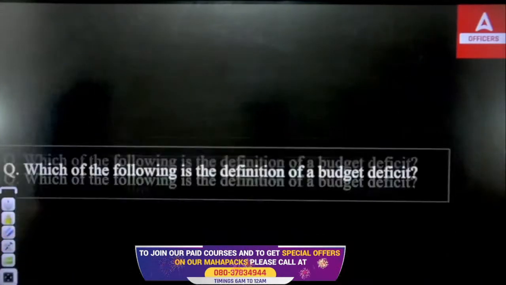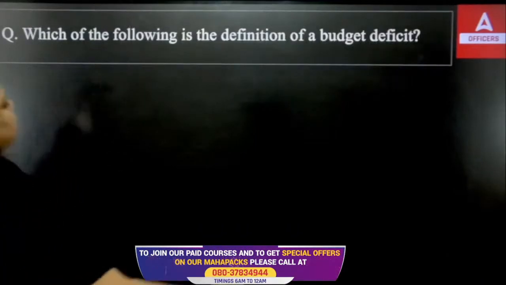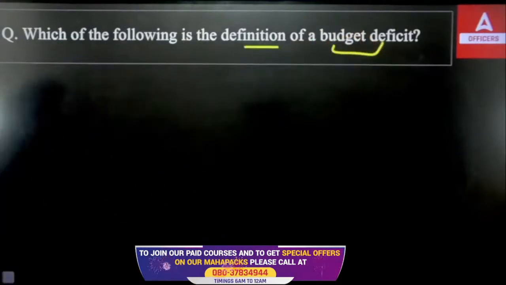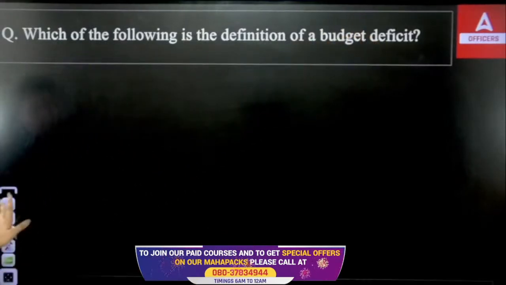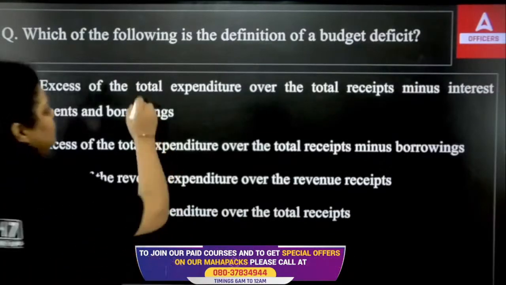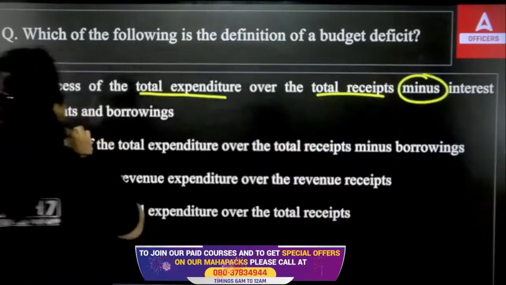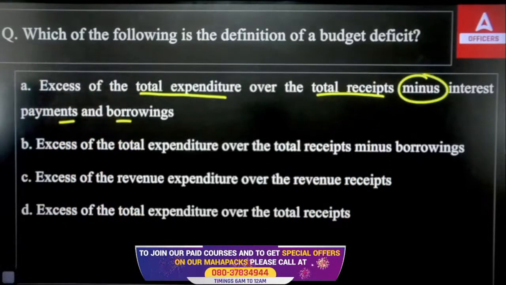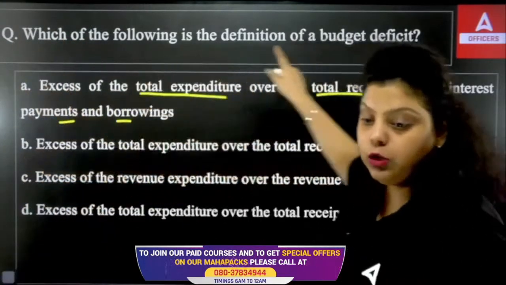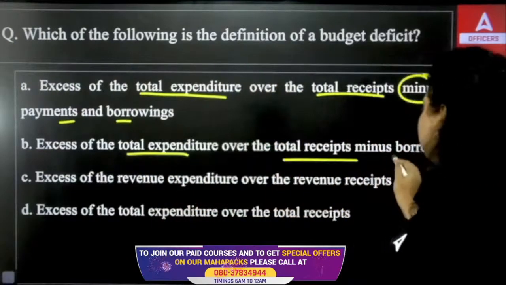Now, there are 5 types of deficit in the budget. Which of the following is the definition of budget deficit, or budgetary deficit? Both are the same. You have these options. First, excess of total expenditure over total receipts minus interest payments and borrowings. Second, excess of total expenditure over total receipts minus borrowing.